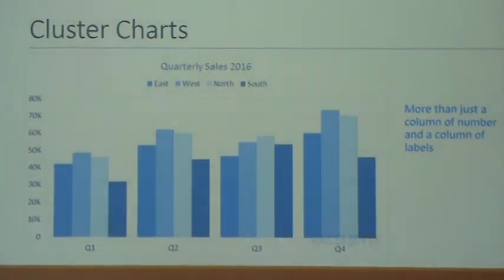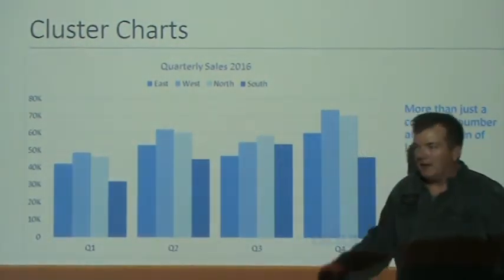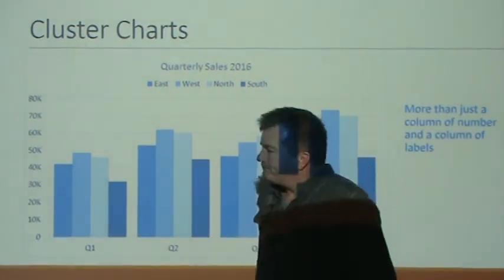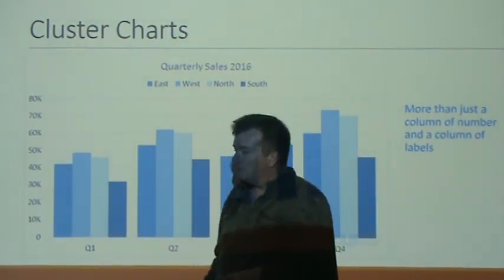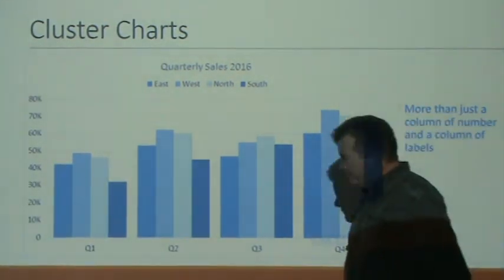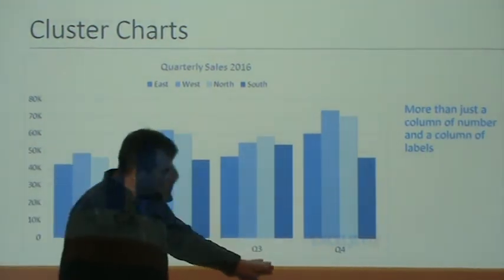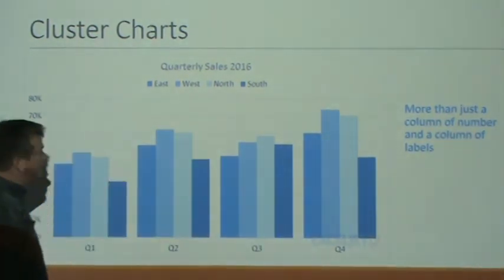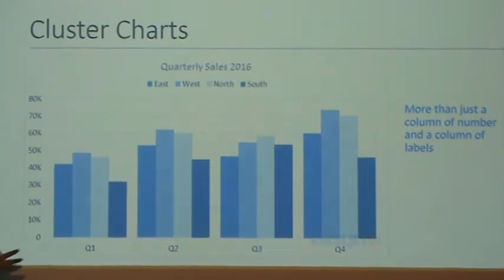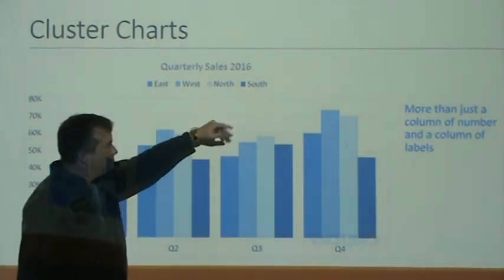You could also have a lot of data, not just a bunch of numbers and an equal number of labels. You could have multiple columns of data. So for example, for the first quarter, the second quarter, the third quarter, and the fourth quarter, we may have, like, our company has 4 sections to it: east, west, north, and south.